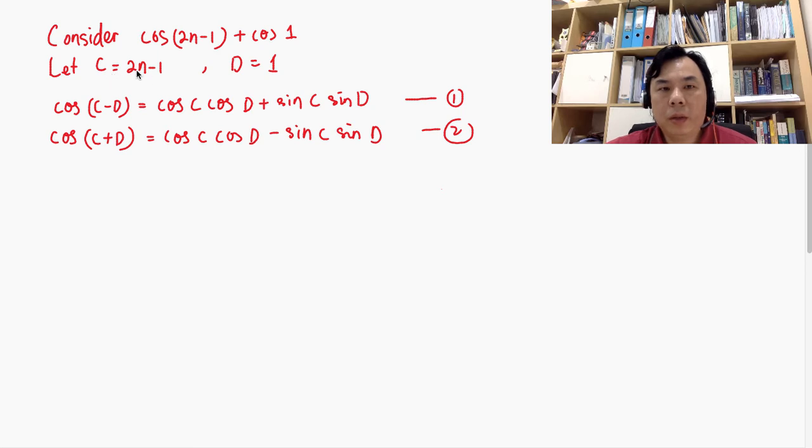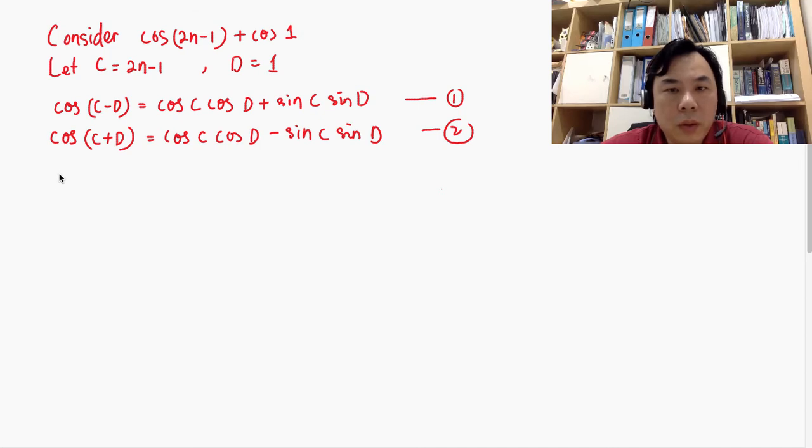Well, let c equal to 2n minus 1, d is equal to 1 here. By applying the same compound identity, instead of using a and b, so that we don't conflict with the previous numbers there. So from here we are going to solve this simultaneous equation.